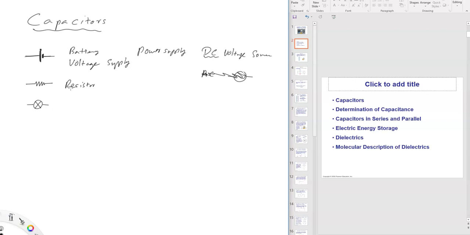A light bulb is just to provide light, but voltage supplies are multi-purpose. Any electrical circuit needs that. Resistors, everything needs resistors. Any kind of electric circuit needs resistors. So similarly, capacitor is also a very useful device. So that's why we're gonna talk about it in detail.